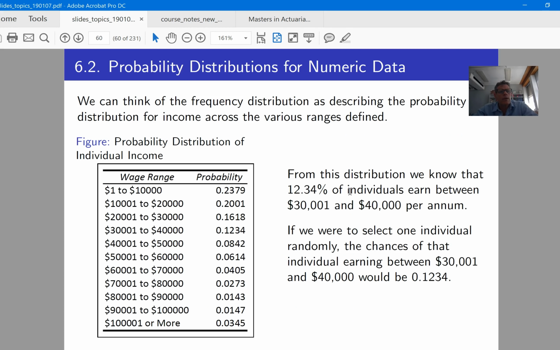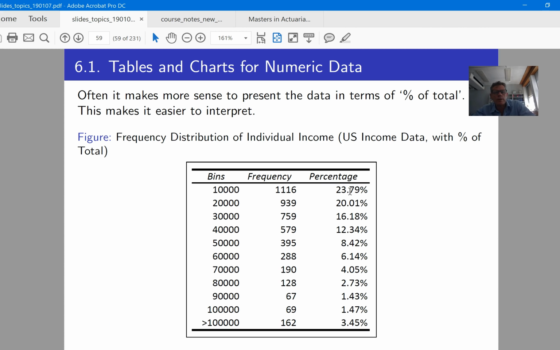Now, that takes us naturally to the next step, which is that we could think about the frequencies in this frequency distribution as a little bit like a probability table.